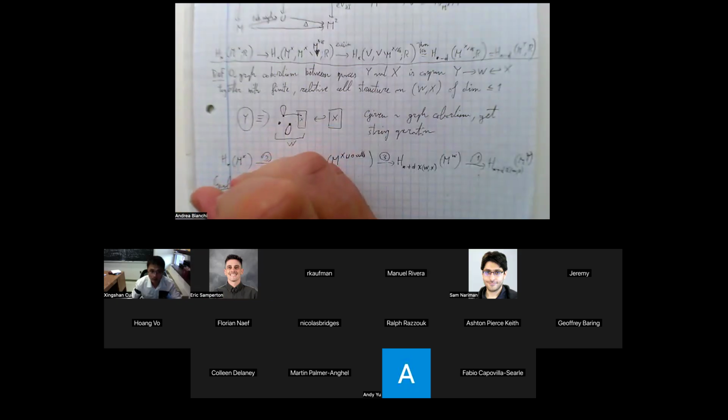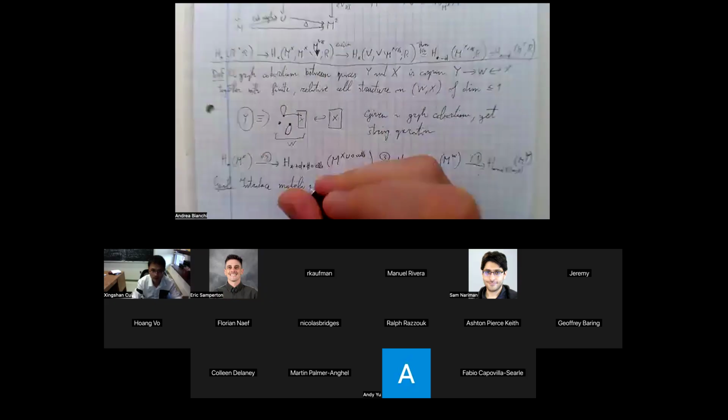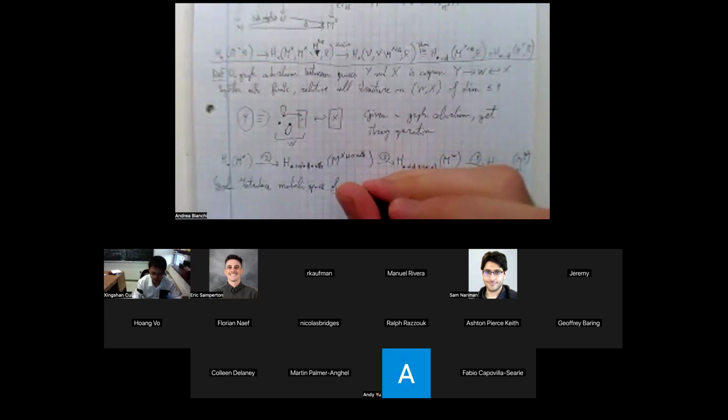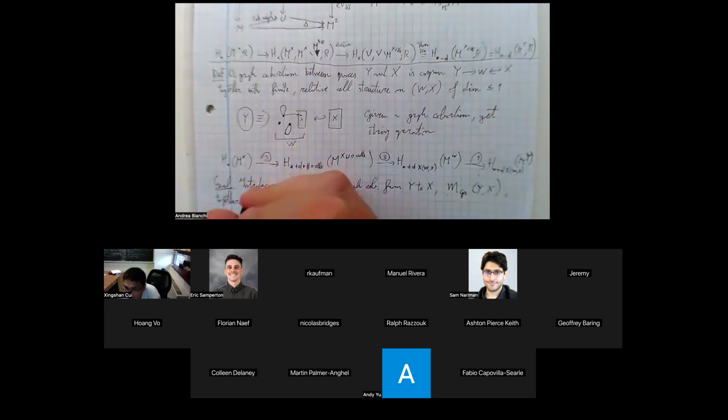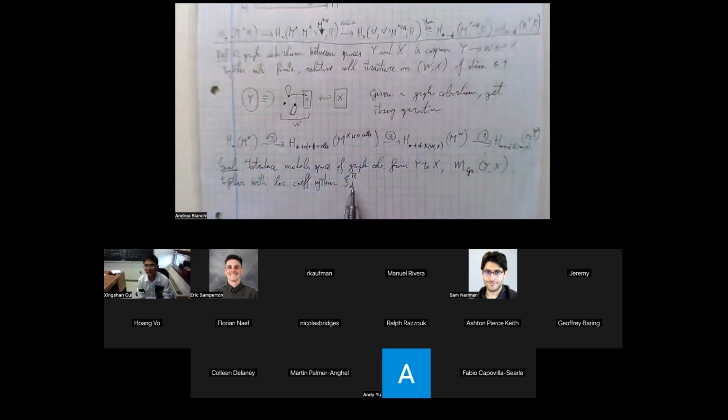Introduce a moduli space of graph cobordisms from Y to X, denoted MGR YX, together with a local coefficient system which I will call psi, and it's decorated by D, the dimension of the manifold, and by R, the ring.